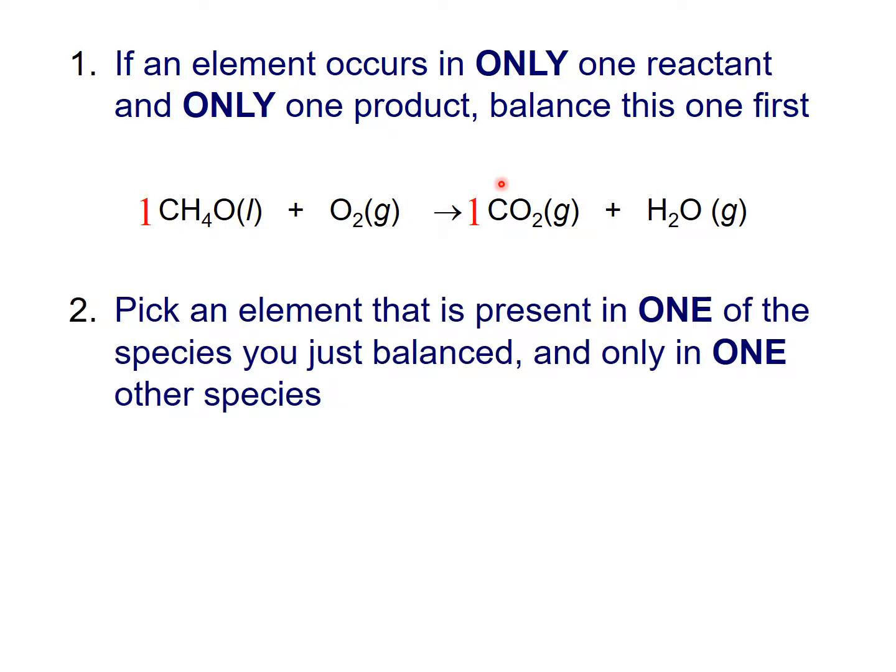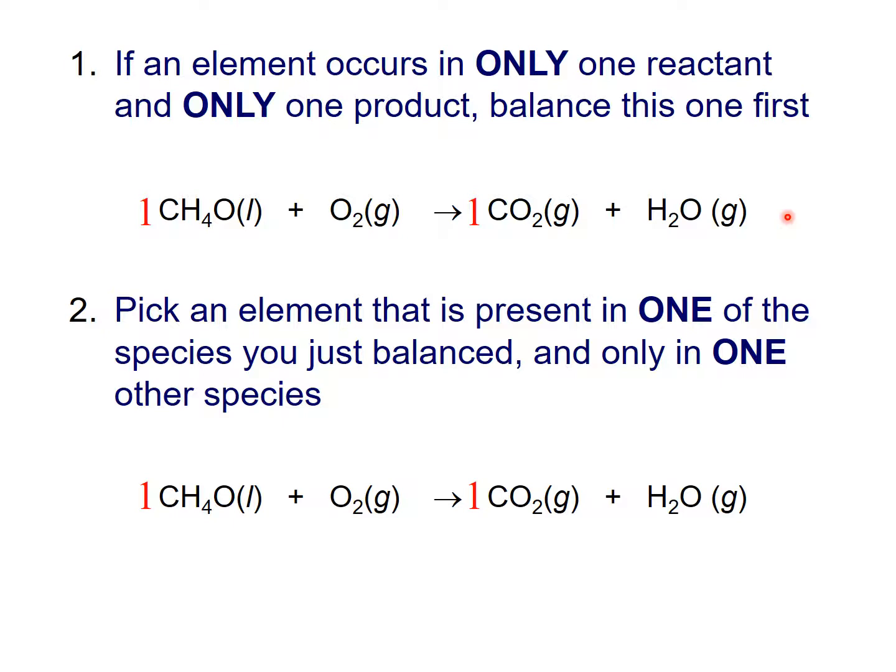Step 2. So now we're going to take an element that is present in one of the species that we just balanced, and only in one other species. So I'm going to use hydrogen as an example. So hydrogen is present on the reactant side only in the methanol, and on the product side present only in the water.